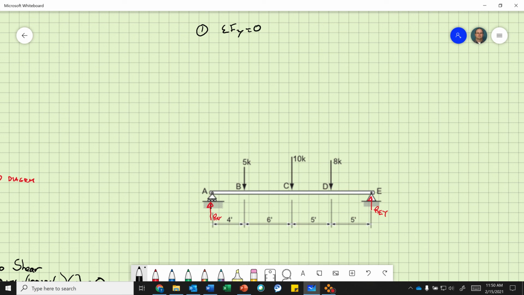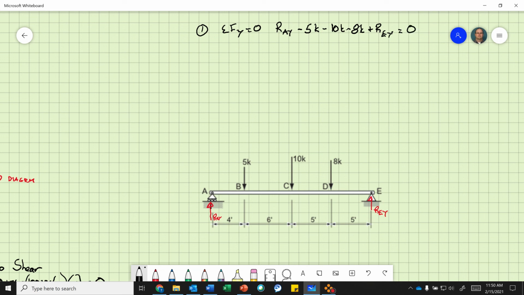Okay, so with that, we can go sum of the forces in the y direction has to equal 0. So we have reaction at point A in the y direction minus 5 kips minus 10 kips minus 8 kips plus the reaction at point E in the y direction has to equal 0.